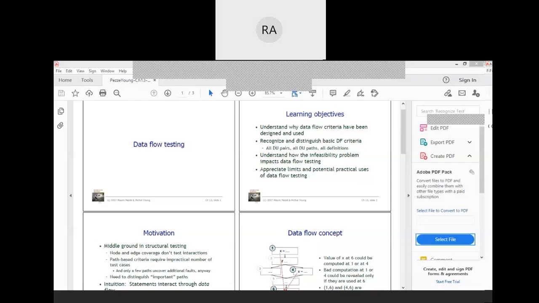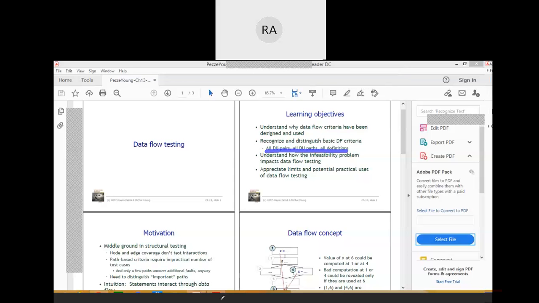These three things are very important. We are going to understand what infeasibility problem means and how it impacts data flow testing. Then we are going to look into the practical usage of data flow testing. These are all the things we will be studying under this heading.